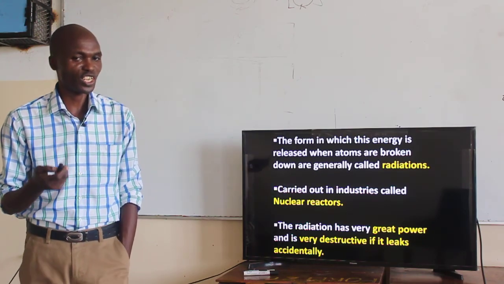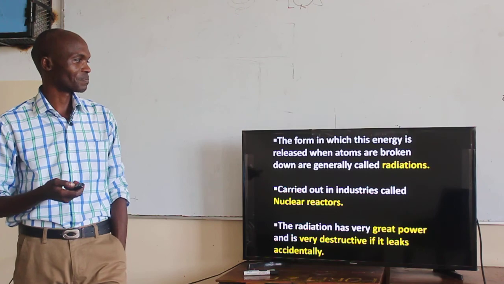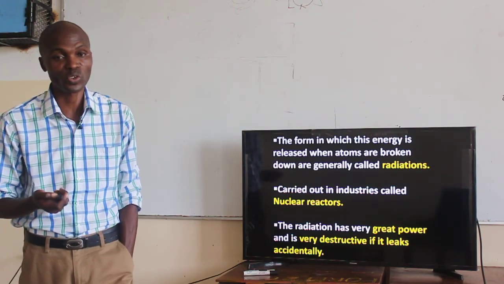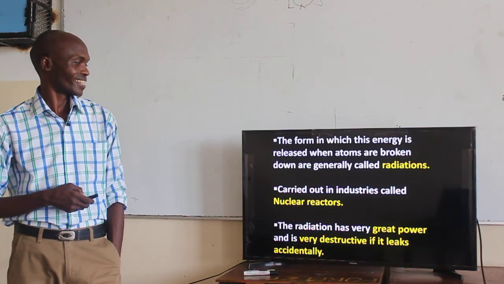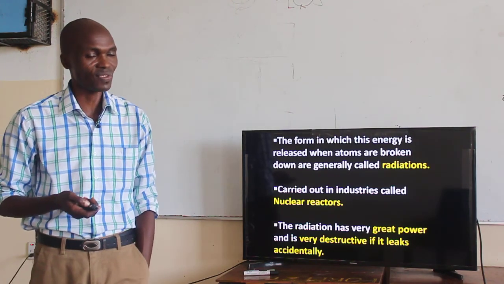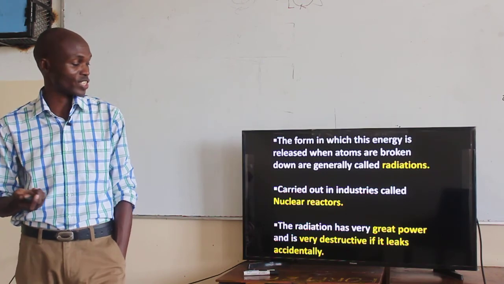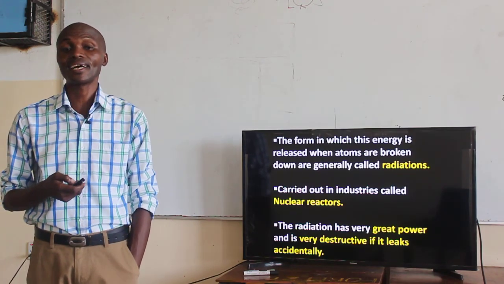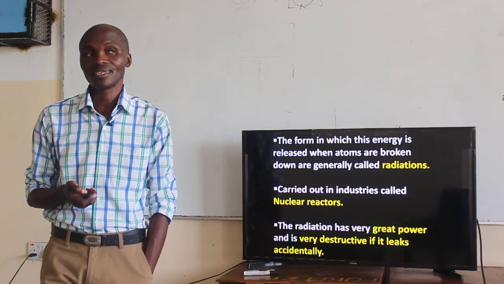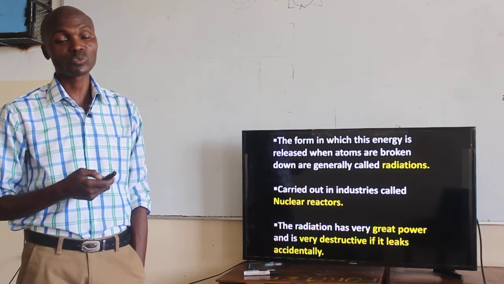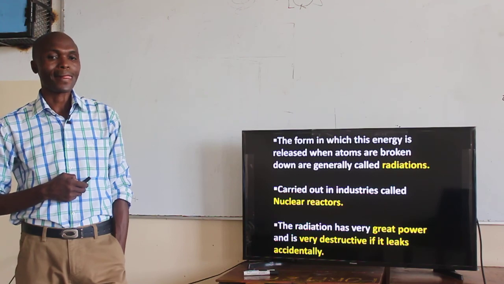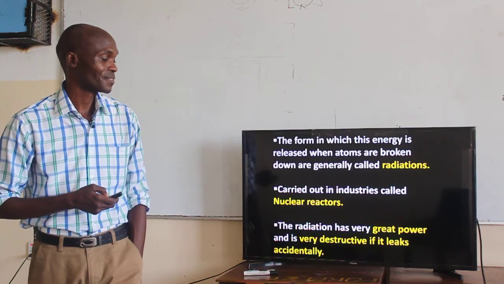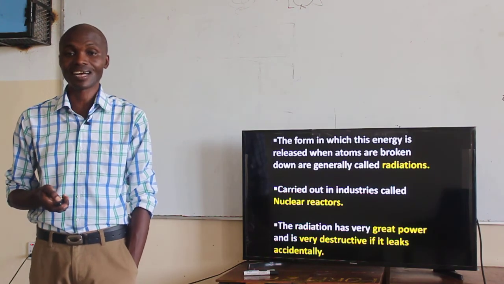The form in which this energy is released when atoms are destroyed or broken down is normally referred to as radiations. We normally carry out this destruction of atoms in industries referred to as nuclear reactors. Now, the radiations of these forms of energy have very great power, and it is very destructive if it emits accidentally.